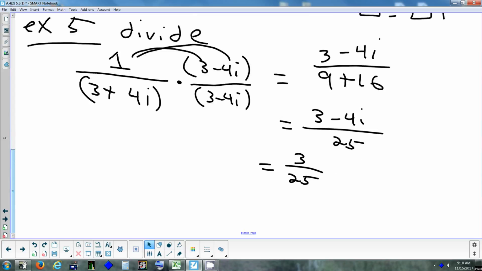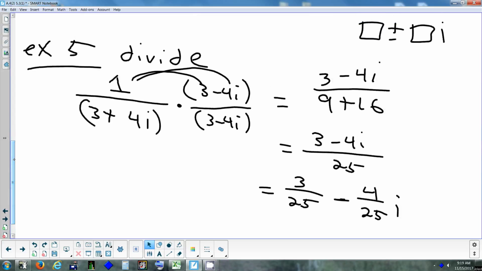The real part is going to be 3/25 minus, because I have a minus up above. And the imaginary part is 4/25. Now I've written it in standard form. Okay, so on the test, if you multiply, final answer always needs to be written this way.